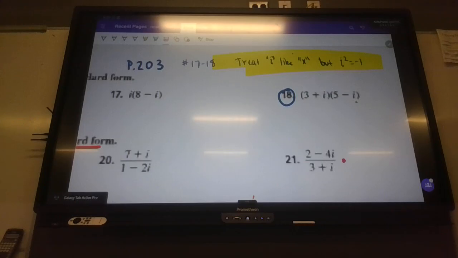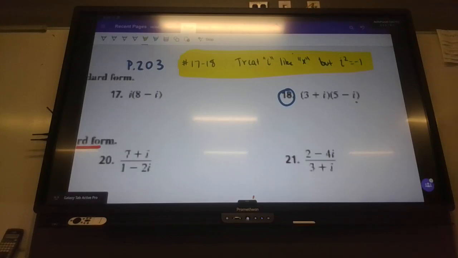i squared equals -1. That's the theme of all of these problems today. Treat i like x, but i squared is -1. I'll probably have homework tonight. Same section, still working operations with i.